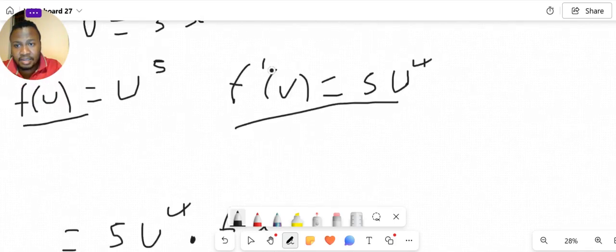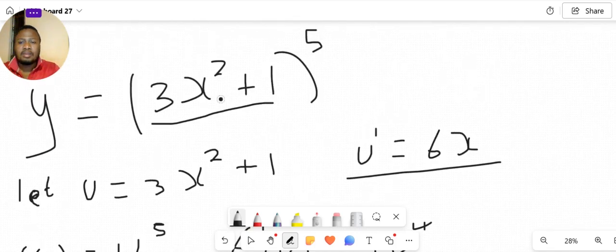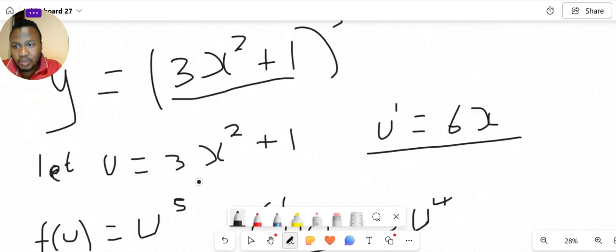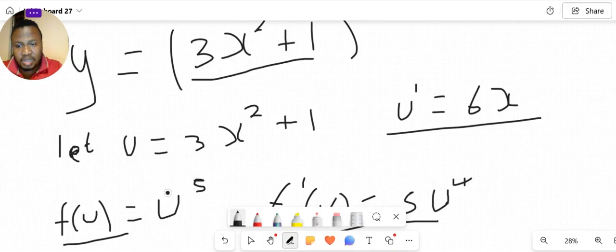And then I said let u be equal to 3x squared plus 1. So let me just substitute 3x squared plus 1 back.